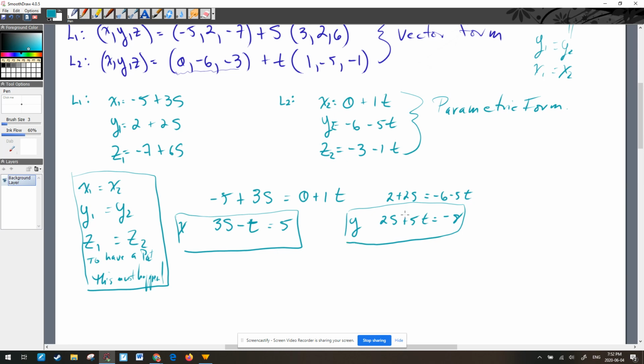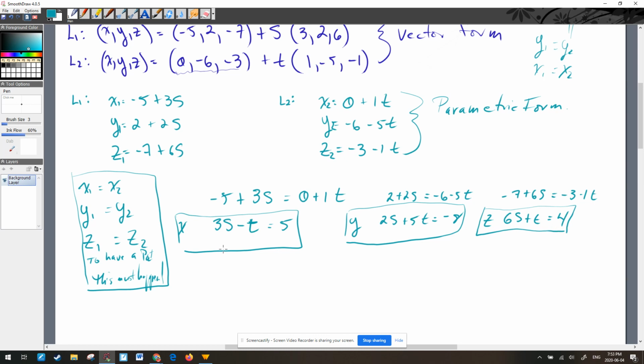Then I do the same thing for my z's: -7 plus 6s is equal to -3 minus t. Rearranging, we have 6s plus t is equal to 4. This equation was brought to you by the letter Z.